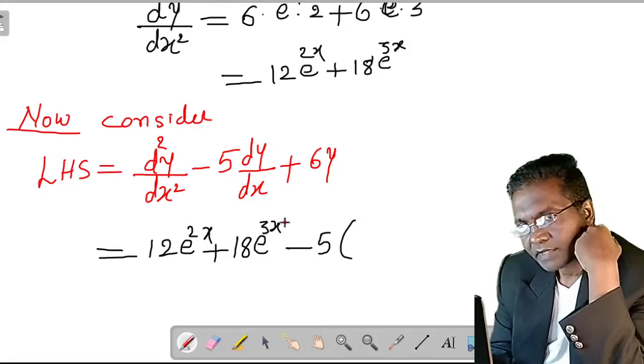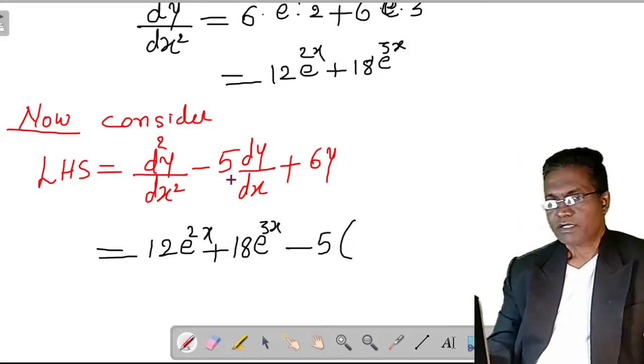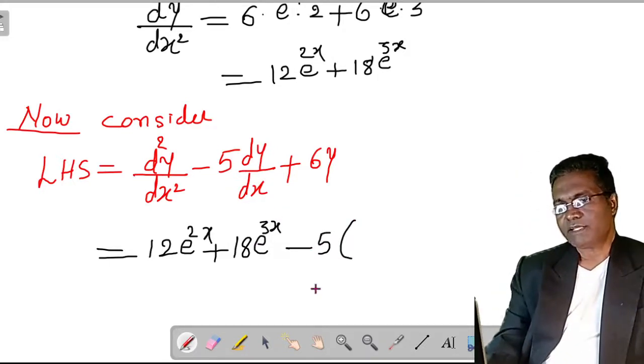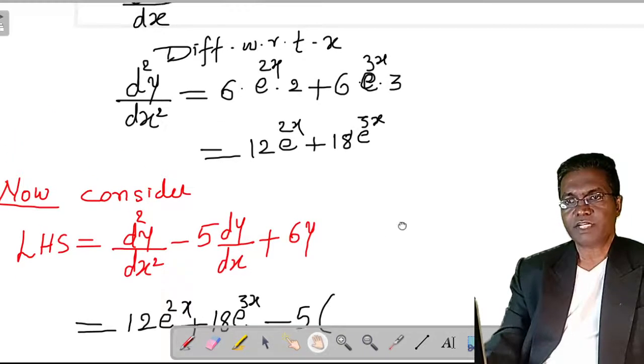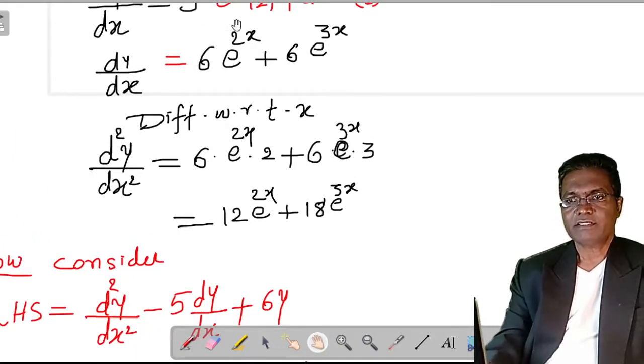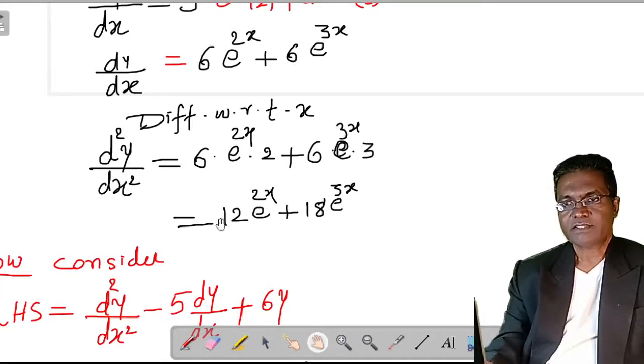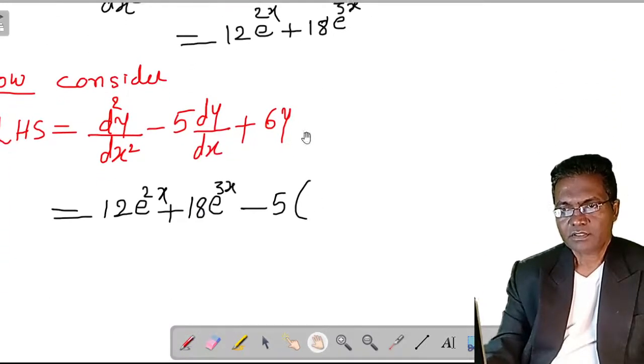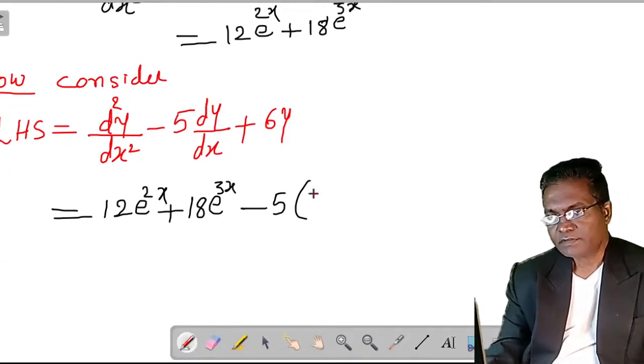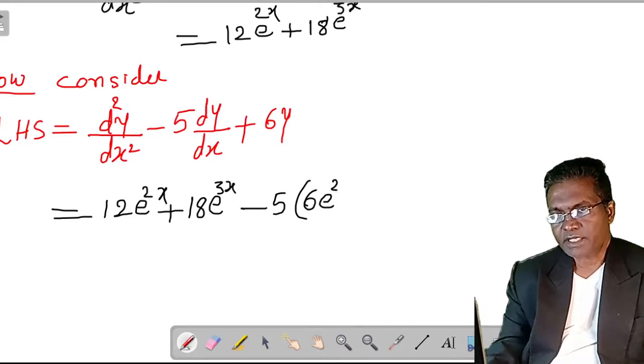Next, minus 5 as it is. And what is dy by dx? That is the first derivative, dy by dx, which is here 6 e power 2x plus 6 e power 3x. So this you have to substitute. So dy by dx is 6 e power 2x plus 6 e power 3x.